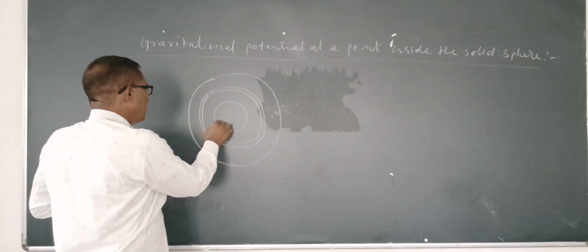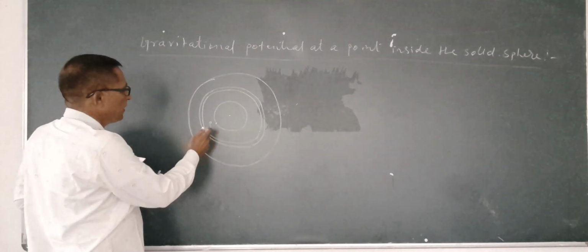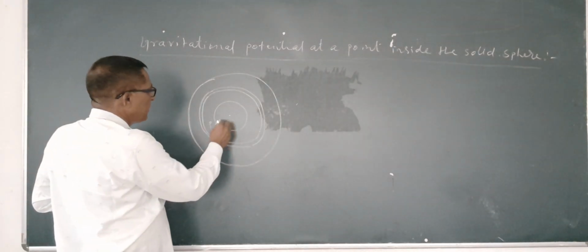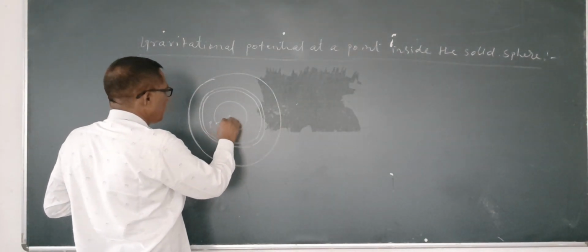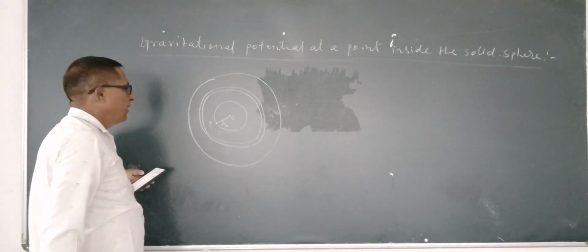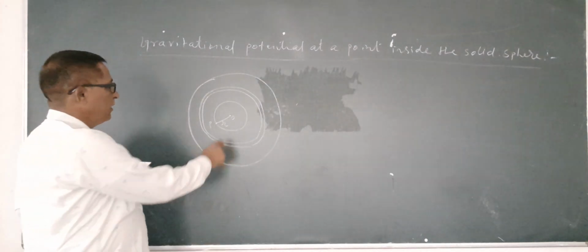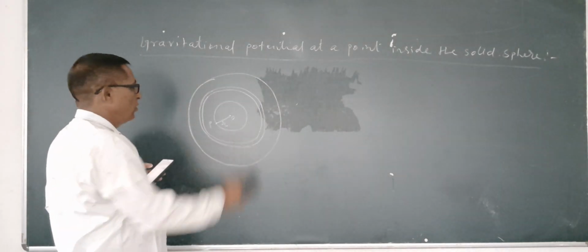Suppose the point P is lying inside the solid sphere at a distance r. This is the center of the solid sphere, and this is the radius of this internal solid sphere.